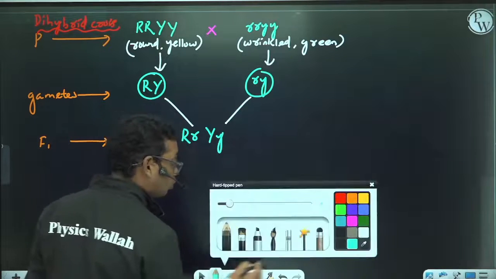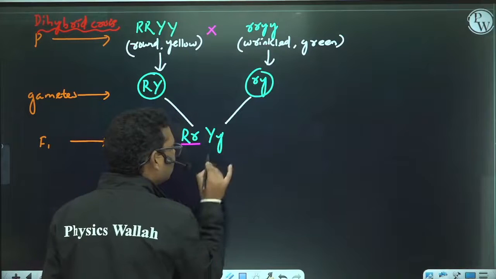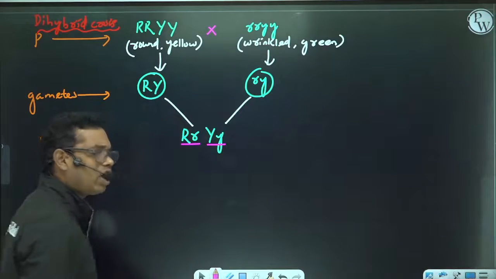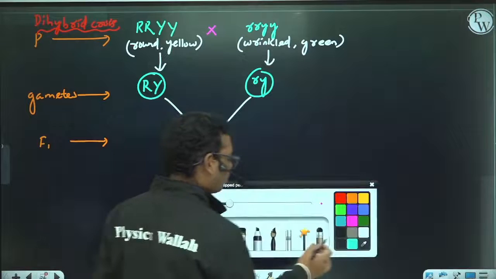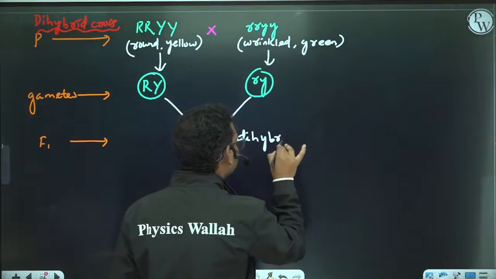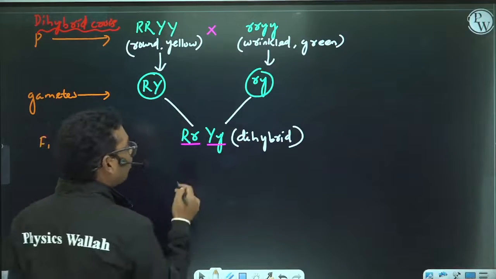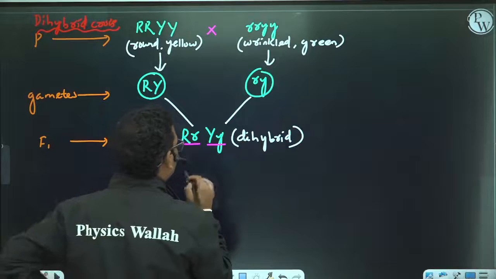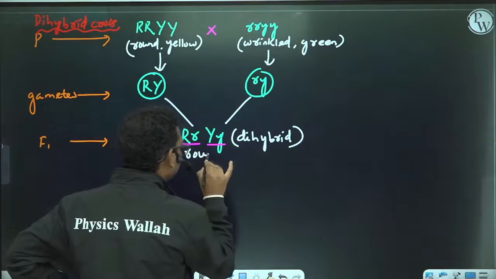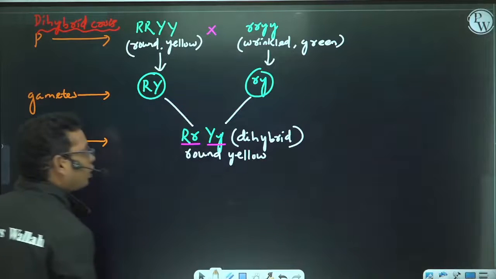You can see the heterozygous condition is dihybrid. This is one hybrid, this is another hybrid, so this is dihybrid. This is an example of dihybrid, and the phenotype will be round yellow seeded.